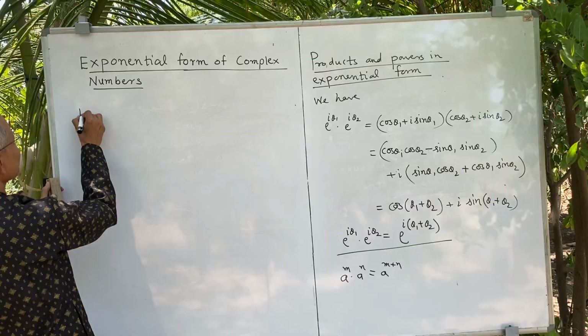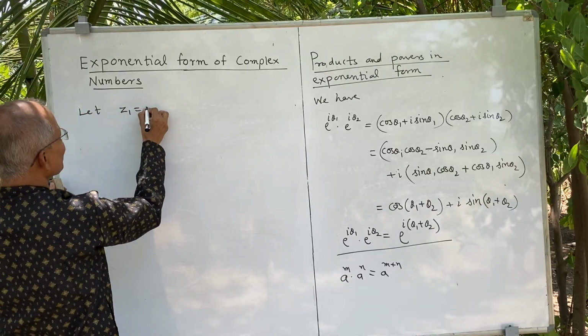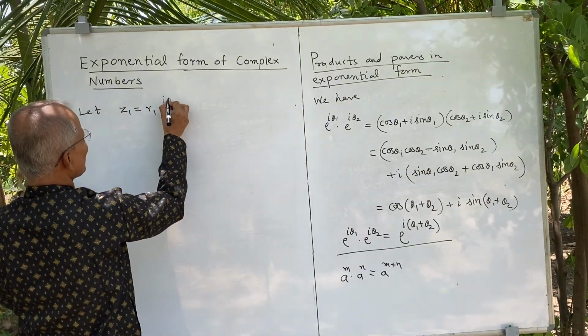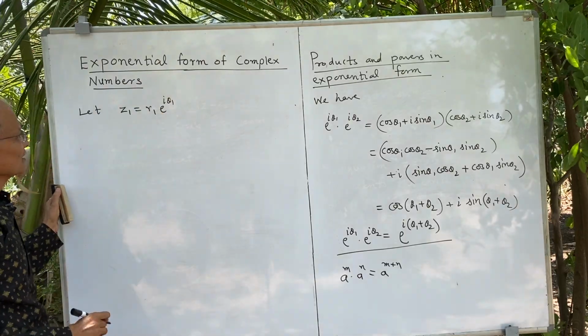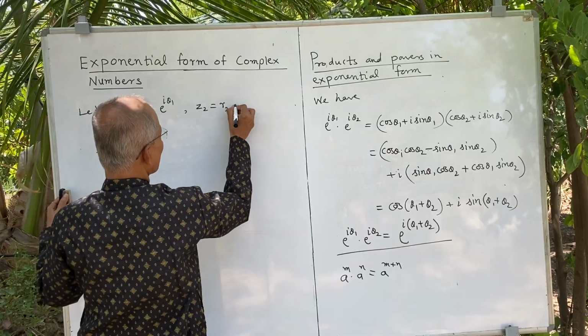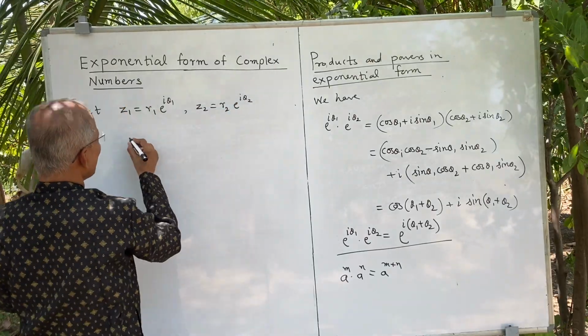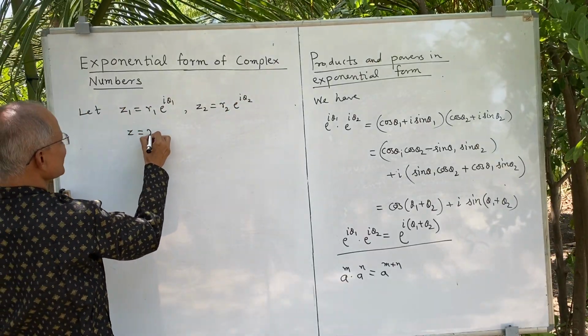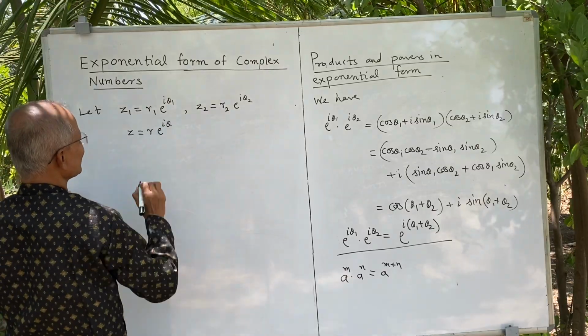Let further z1 be a complex number which is written in exponential form as r1 e power i theta 1, z2 be another complex number r2 e power i theta 2, and let z be a general complex number, that is r e power i theta.